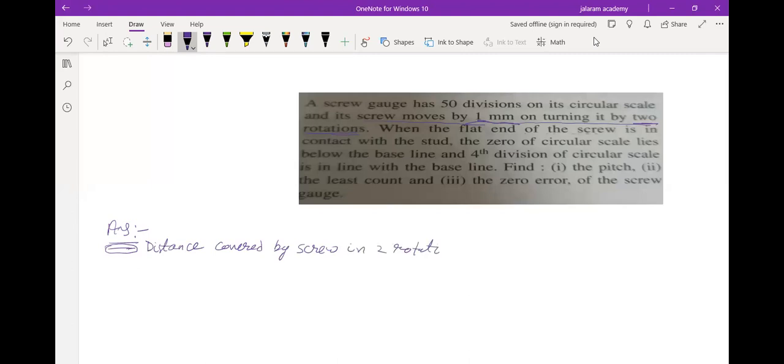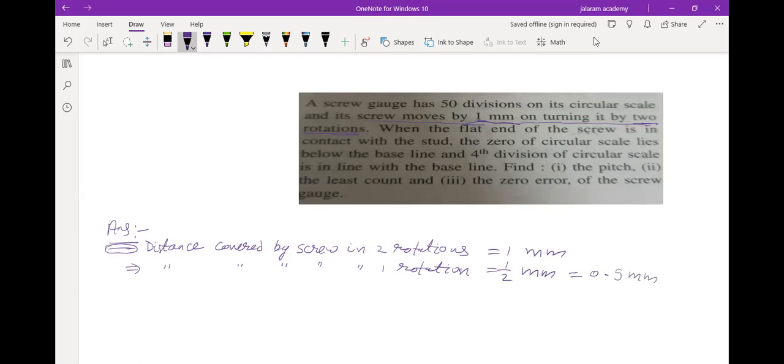It means the distance covered by the screw in 1 rotation equals half mm. We can also change it to decimal if we want to.